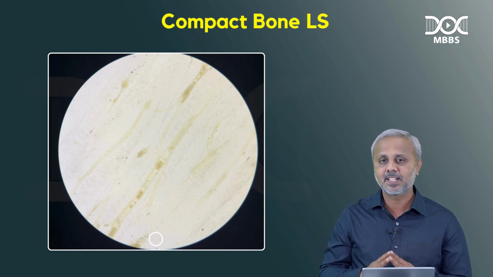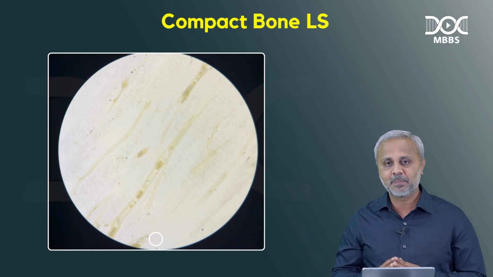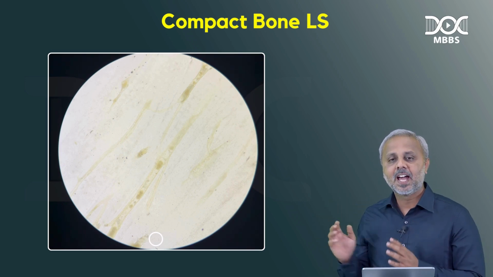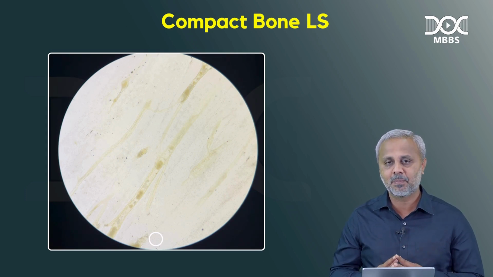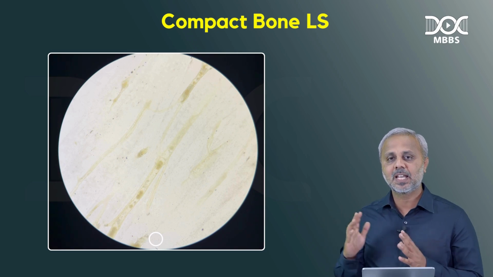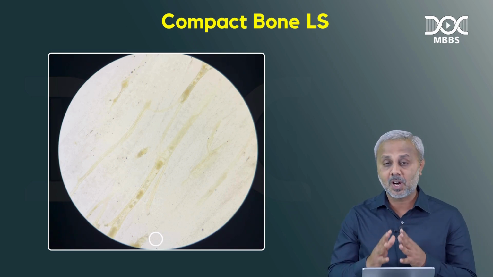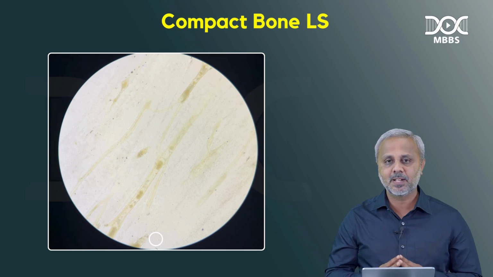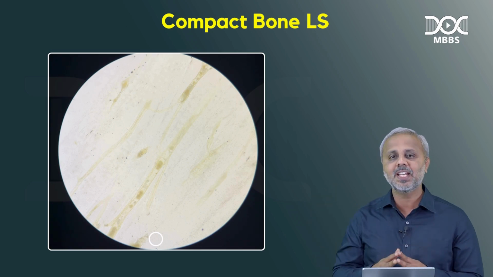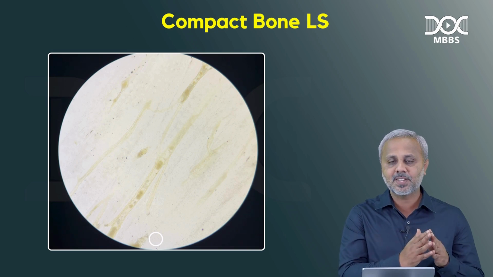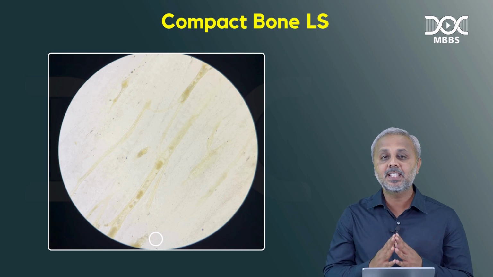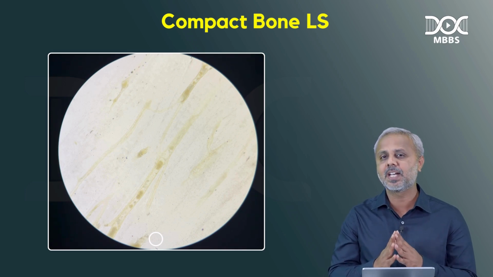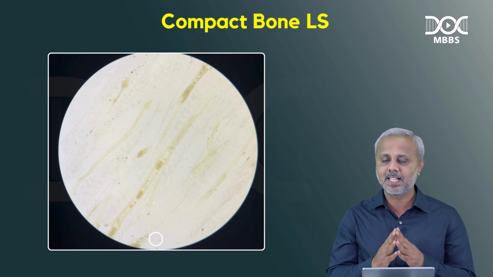And these Haversian canals seem to be connected by the Volkmann canals, and individual Haversian systems are seen to be separated by the interstitial lamellae. What is not seen here is the periosteum, because this is the longitudinal section, and the outer circumferential lamellae and inner circumferential lamellae. This is how you should describe the identification points to the examiner.